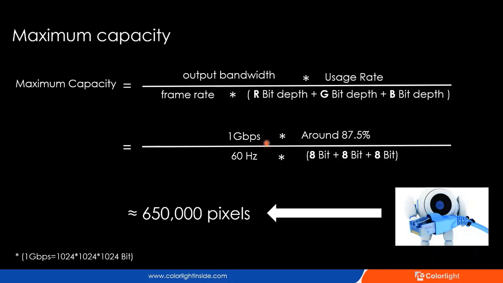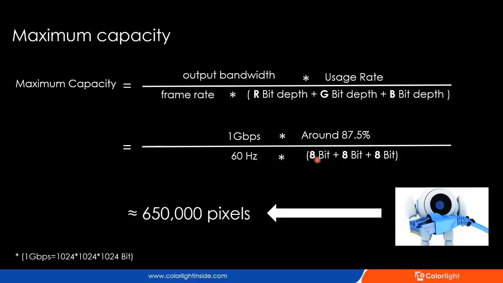So keep going and check the formula. The maximum capacity for one output port is the transmission bandwidth multiplied by the usage rate, then divided by the frame rate and color depth. Normally, the frame rate is calculated according to 60 Hz.